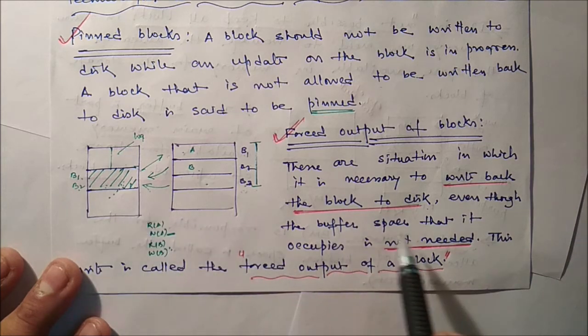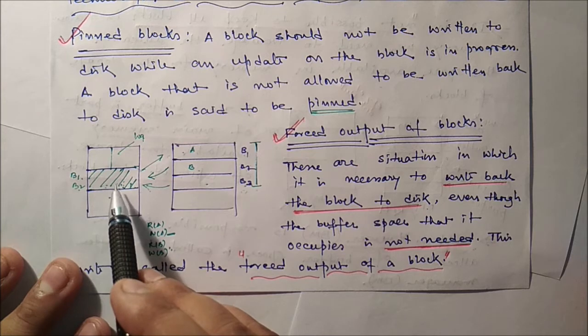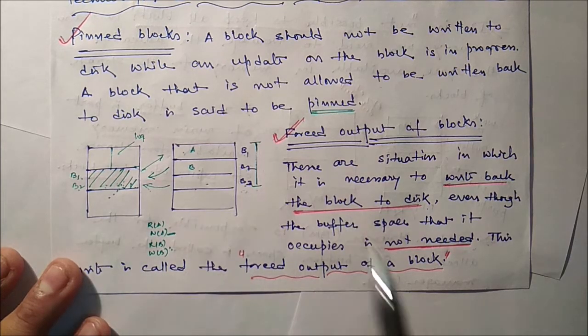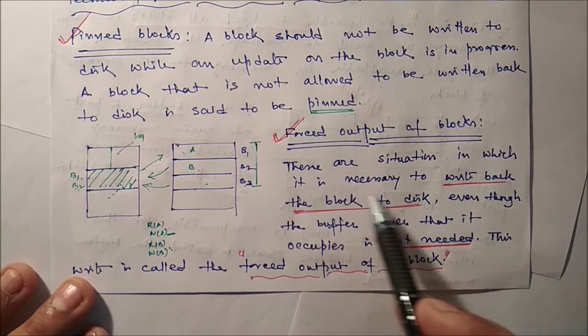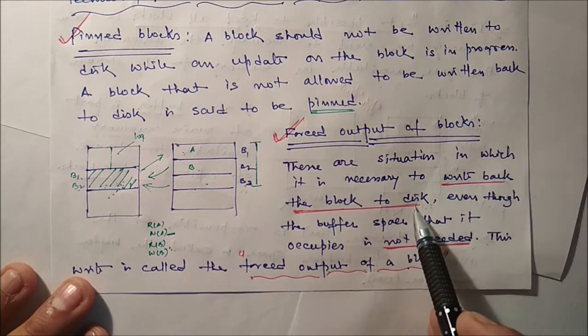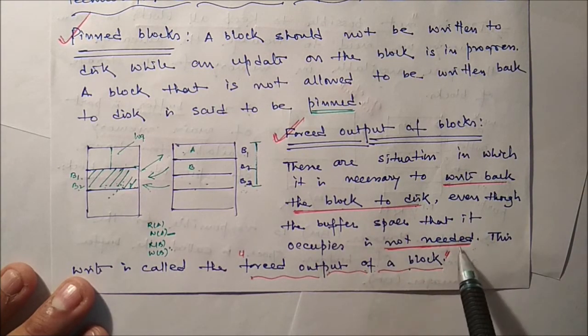But by force, the buffer manager transfers this particular block from primary memory to secondary memory. This concept is called force output of blocks. So it is necessary to write back to the disk, even though the buffer space that it occupies is not needed.